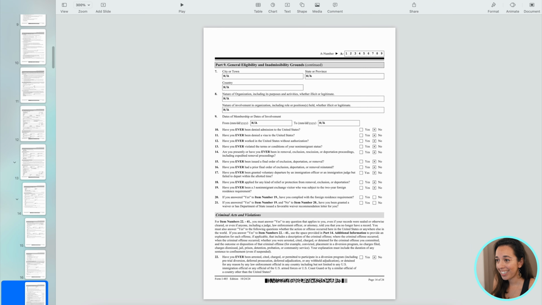So this section asks a lot of security questions, such as, have you ever been denied admission to the United States or denied a visa? I would suggest reading these very carefully and checking either yes or no in accordance to your situation. I don't believe there are any trick questions here. They are fairly basic yes or no questions.